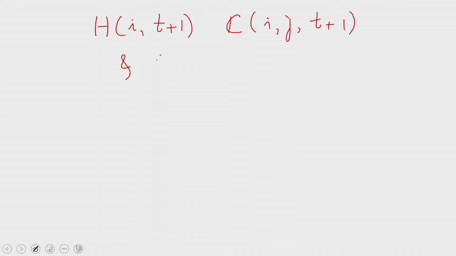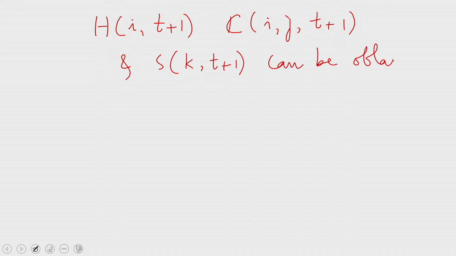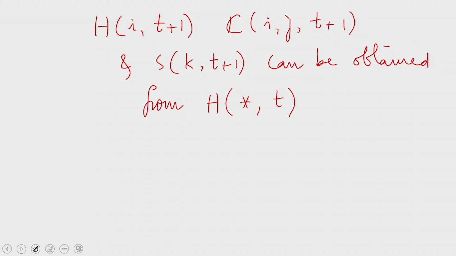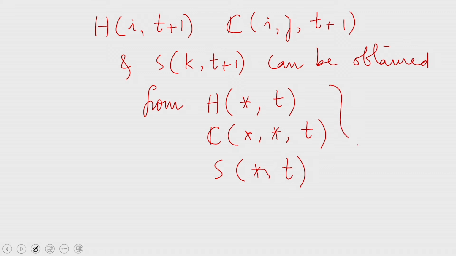Now, let us see how H i t plus 1, C i j t plus 1 and S k t plus 1 can be obtained from the H values at time t, the C values at time t and the S values at time t. So, using these values we will be able to establish the t plus 1 values for H, C and S.